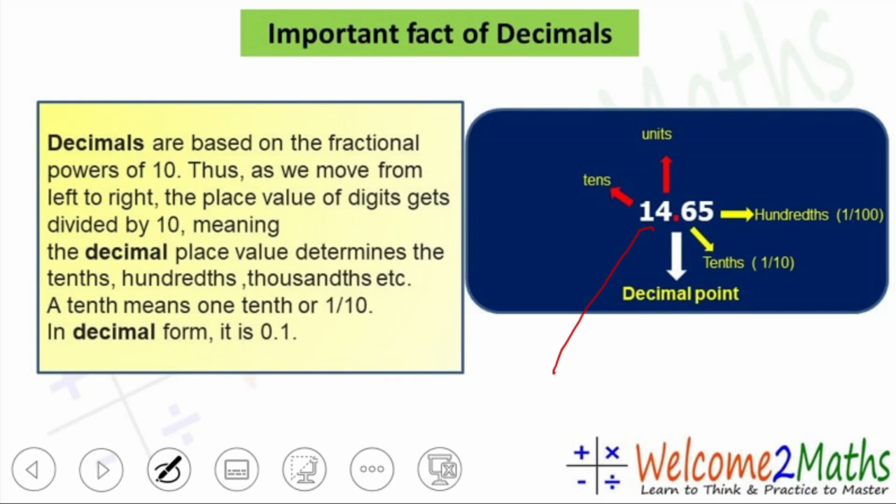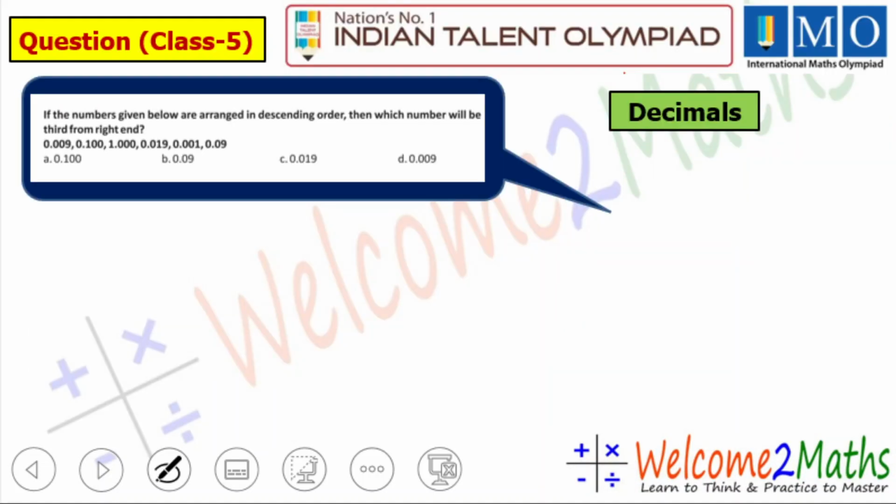So 14 is the whole part, and the fractional part, here 0.65, is separated by a decimal point. So these two parts, the whole part and the fractional part, are separated by a decimal point. Here you can see 14.65, and this is called the decimal point. Let's learn some more concepts of decimals.